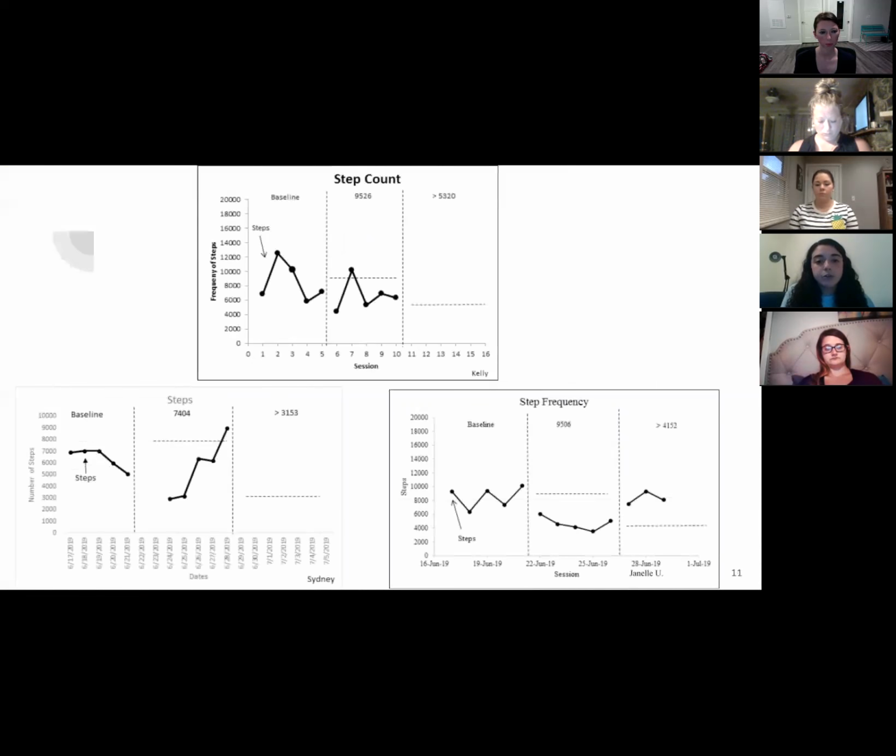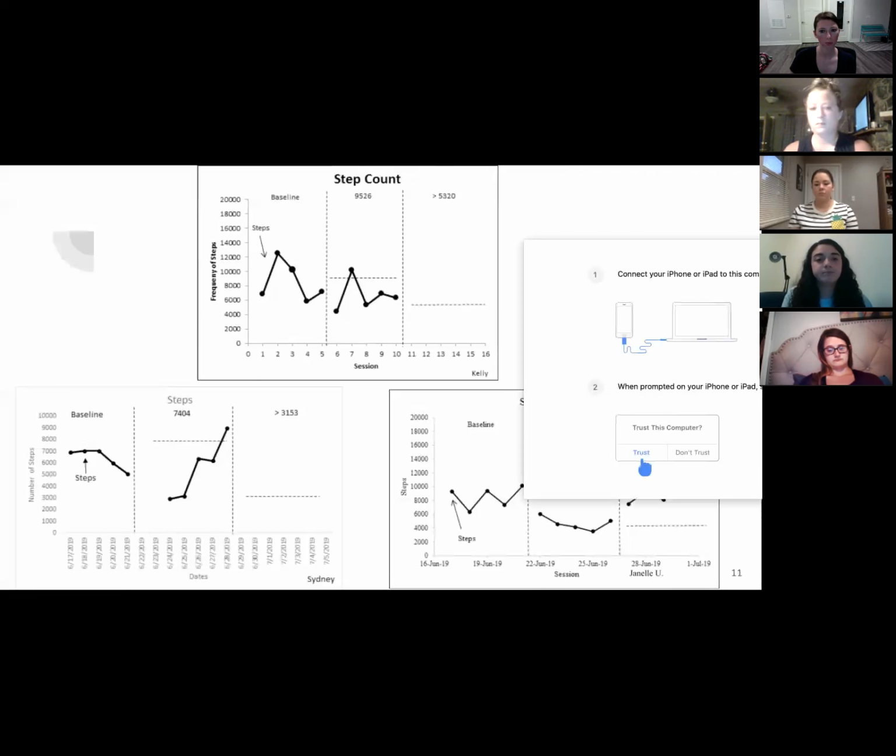I was only able to achieve that step goal 1 out of 5 days for phase 1, so I did not meet the criterion that was set for me in this phase. This meant that phase 2 would be set to my 4th highest step count day from phase 1. Therefore, my phase 2 criterion is set for achieving more than 5,320 steps for 3 out of 5 days.